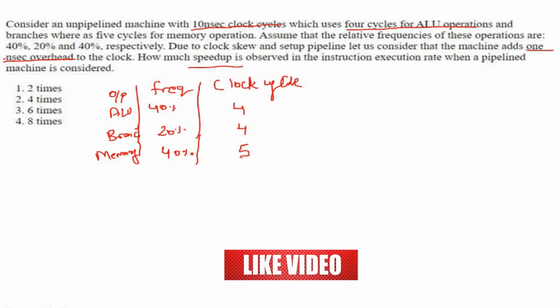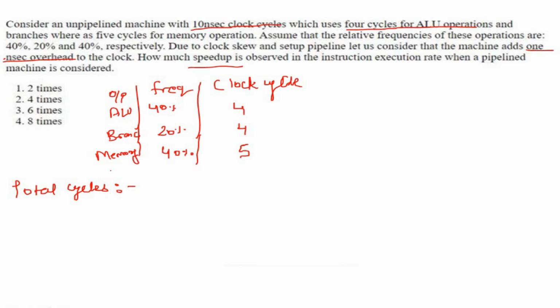So the formula to calculate the total cycles is: we first convert the frequency percentage to a number, and then multiply it with the clock cycles. So here 0.40 multiplied by 4 plus 0.20 multiplied by 4 plus 0.40 multiplied by 5.